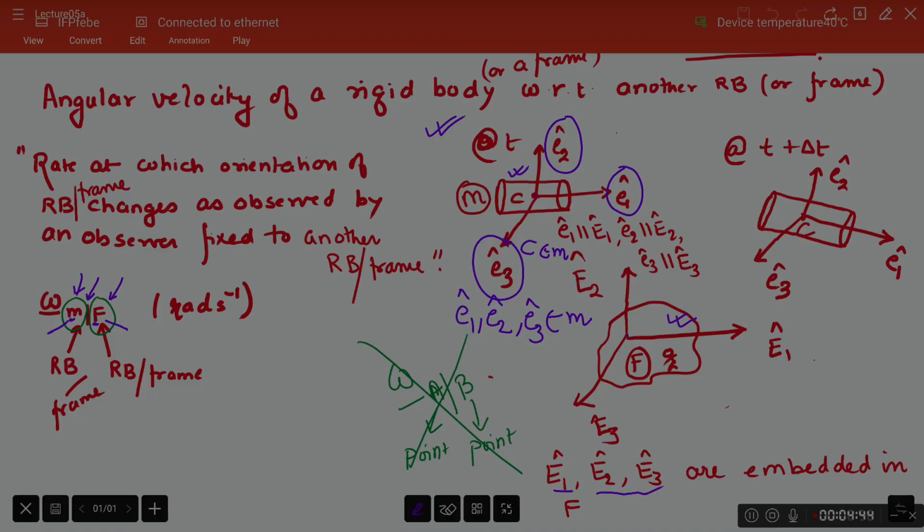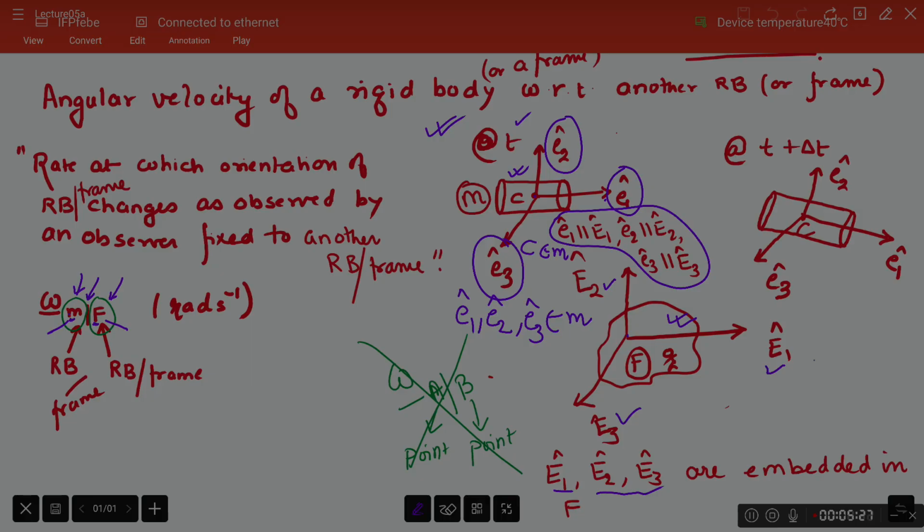Let's assume that at this current time instant, which is t, the 3 unit vectors which are embedded in M are completely aligned with the 3 unit vectors which are embedded in the F frame. That's what I am trying to express here. Small e1 is parallel to big E1, small e2 is parallel to big E2, and small e3 is parallel to big E3 at this time instant.